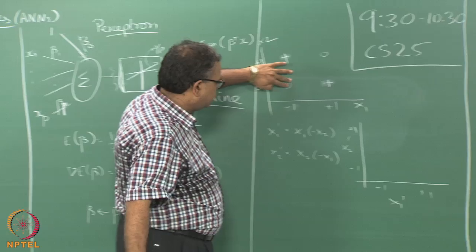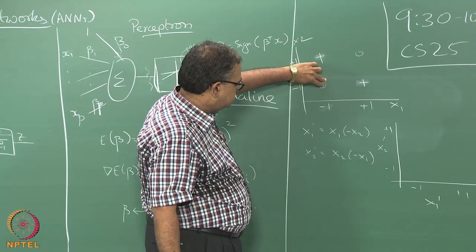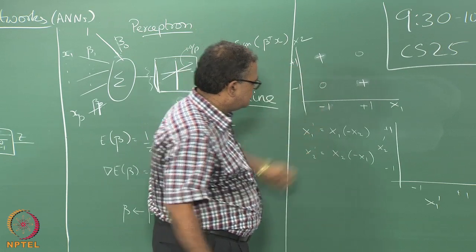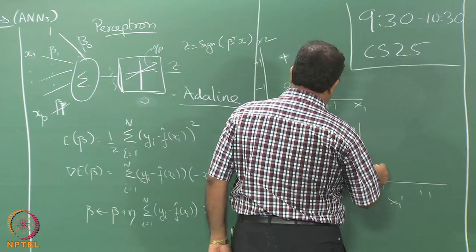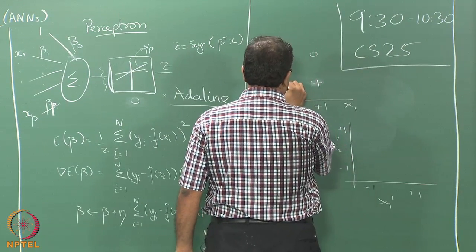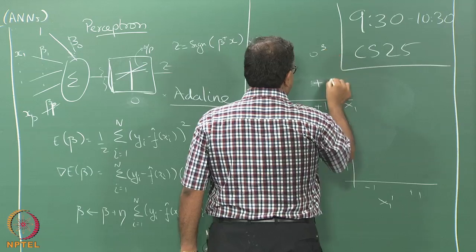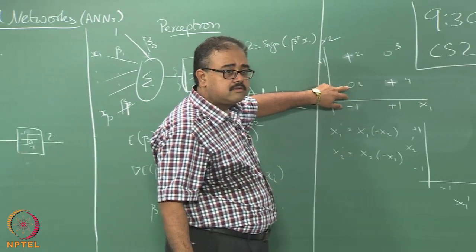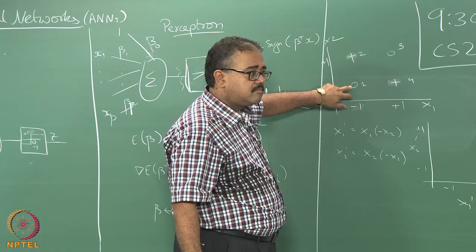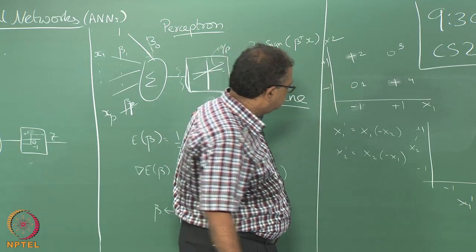Okay, so where would this point go? -1, -1, -1, is it? So where would 1 go? Minus 1, minus 1.